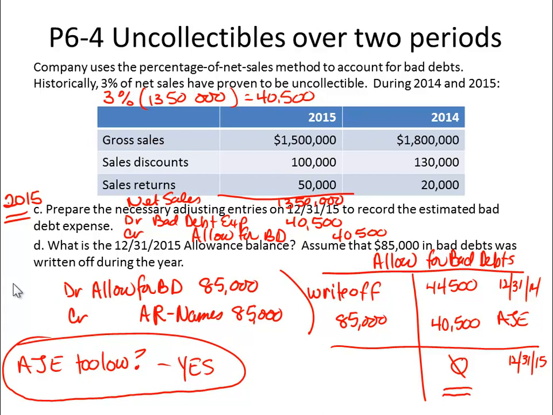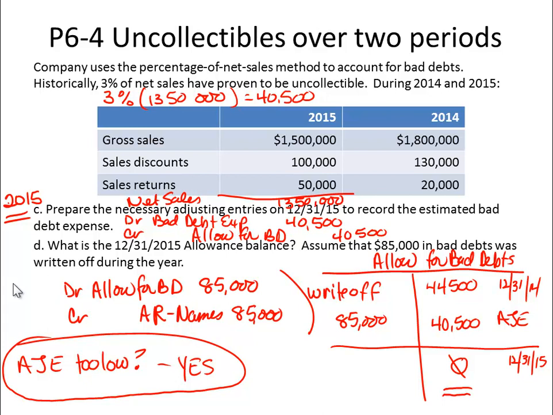It tells me that we wrote off $85,000, meaning during the year we debited the allowance for bad debts and credited accounts receivable for $85,000. We also remember we made that adjusting entry, so oh my goodness, look, the ending balance in the allowance for bad debts is zero.